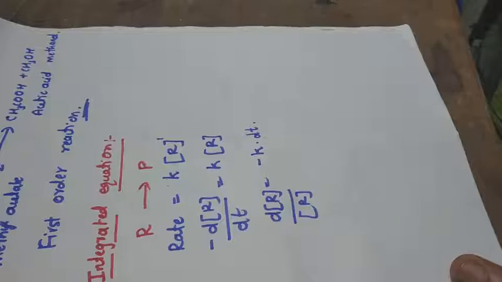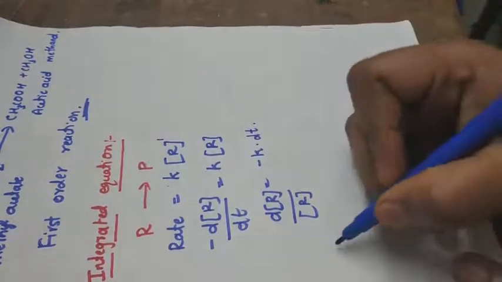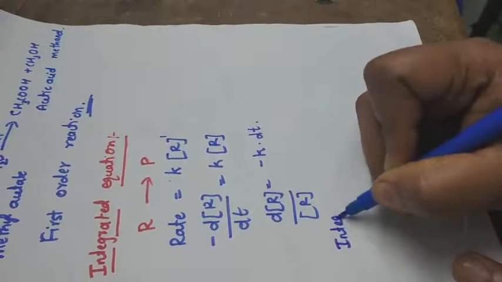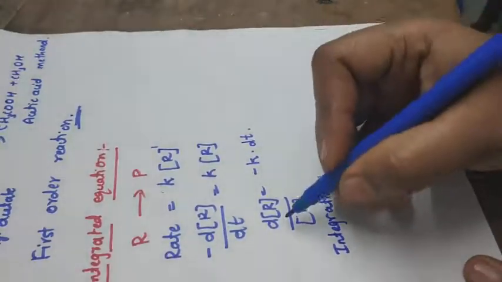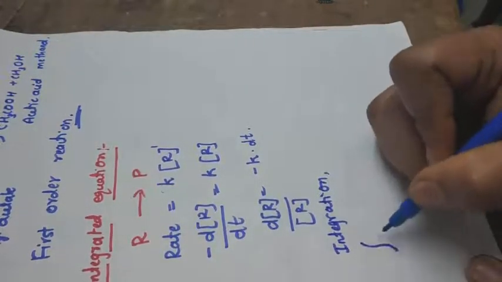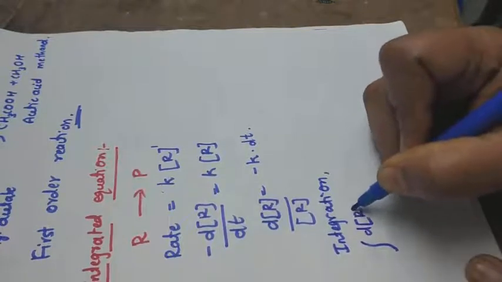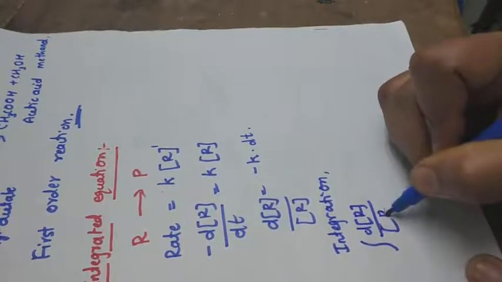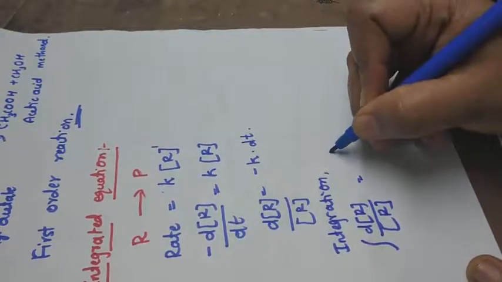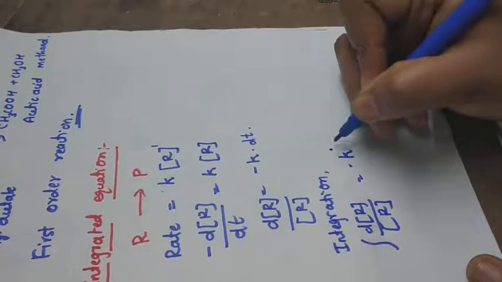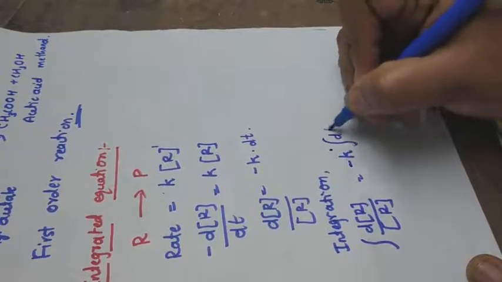Okay, integrating this equation, on integration we will get integral of dR divided by R equal to, so k is constant, therefore minus k integral of dt.